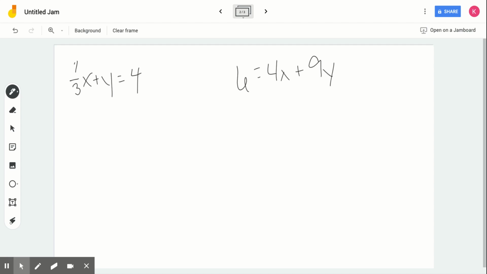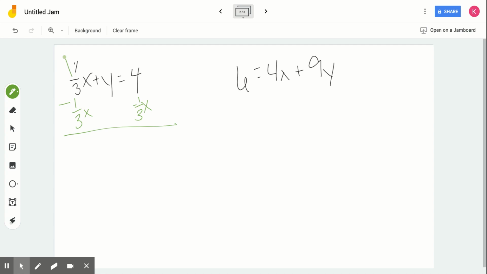If you look at this first one, it says 1/3 x plus y equals 4, and you need to solve for y. So we need to start on the same side of the variable as y, but furthest away from it. That would be this 1/3 x. The opposite of 1/3 x would be negative 1/3 x, or to subtract that from both sides.